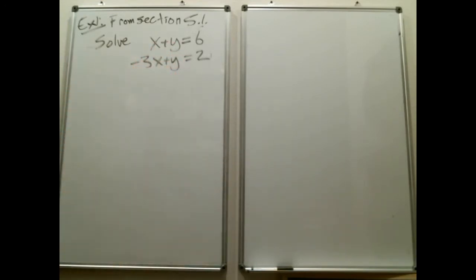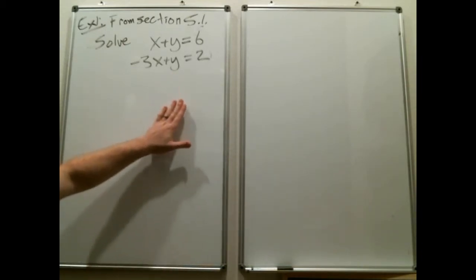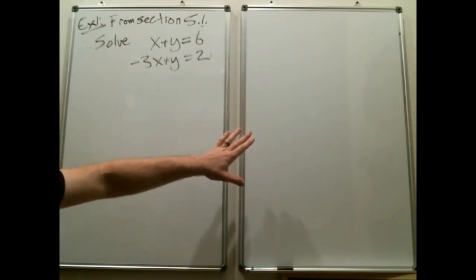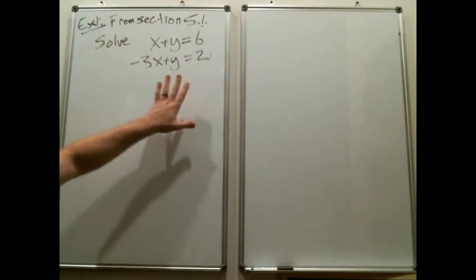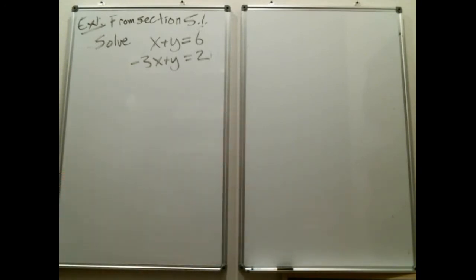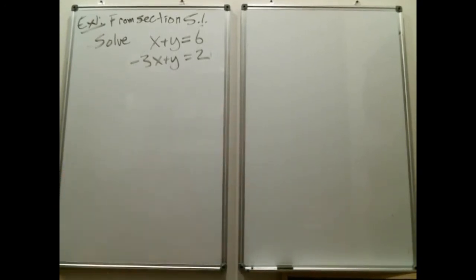And this is a very simple example. That's why we can kind of guess and check and figure this one out. But I actually want to go through the process of how you do this by hand, and then I'm going to show you the process of how we would do it using matrices, which is our end goal. What I'm showing you here is just to connect the dots between matrices and what we were supposed to do in chapter 5.1.